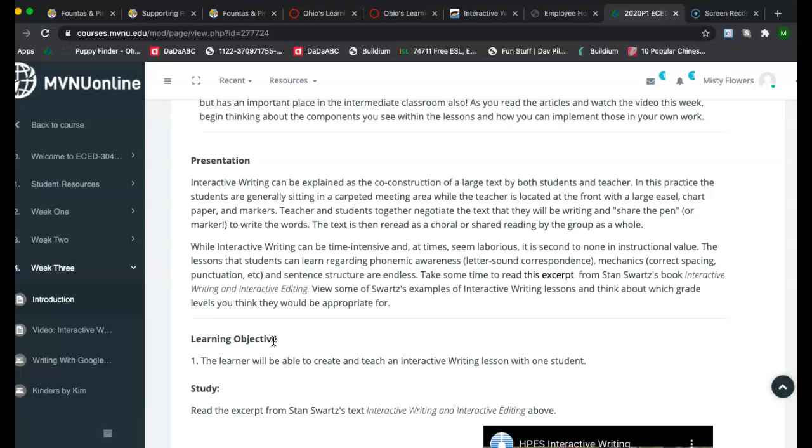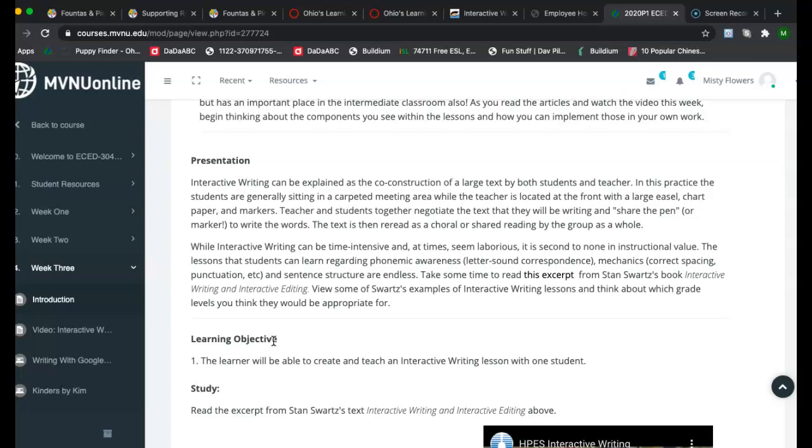During interactive writing, the children are writing for authentic purposes. You can use this throughout the school day. It might be to write the morning message, to extend a story that you have read in read aloud or shared reading, to write a survey question that you want to post in the hallway for other students to read and answer.